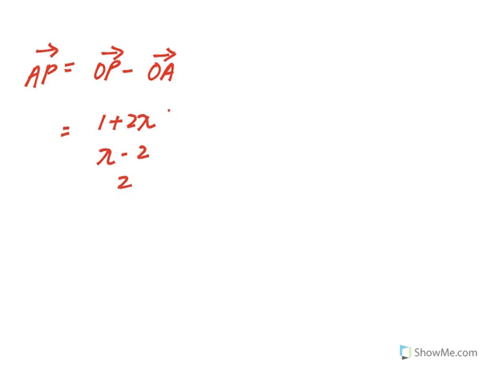I go to the next page, show you very quickly how to find AP. AP is equal to OP minus OA. What is OP? OP is given: OP is equal to 1 plus 2 lambda, lambda minus 2, and 2. OA will be given by negative 1, negative 3, 2.